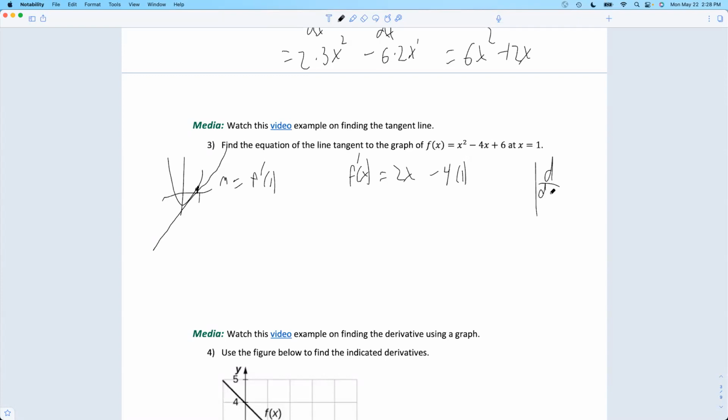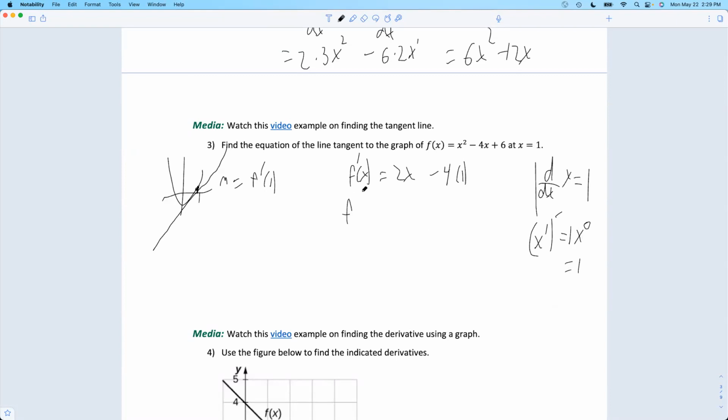The derivative with respect to x of x is just 1. Because you get x to the first that we're taking the derivative of. 1 comes down front, and we get x to the 1 minus 1, which is x to the 0. What's anything to the 0 power? It's not 0. It's just 1.